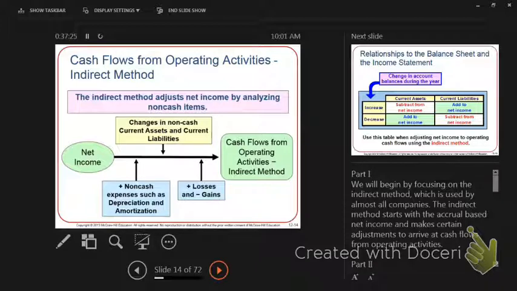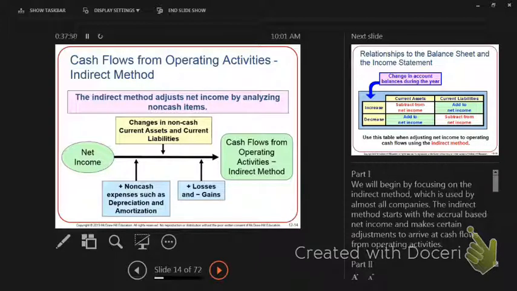Did we actually get cash? No. So this current asset went up when we debited accounts receivable and we credited revenue. Did we get cash? No. So what do we have to do? We have to subtract. So when a current asset goes up, we're going to take that cash out. We did not collect cash.